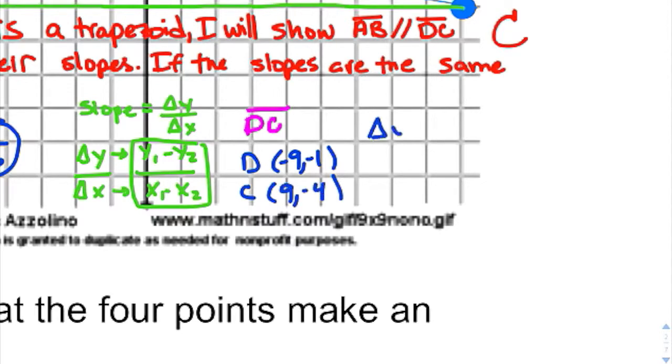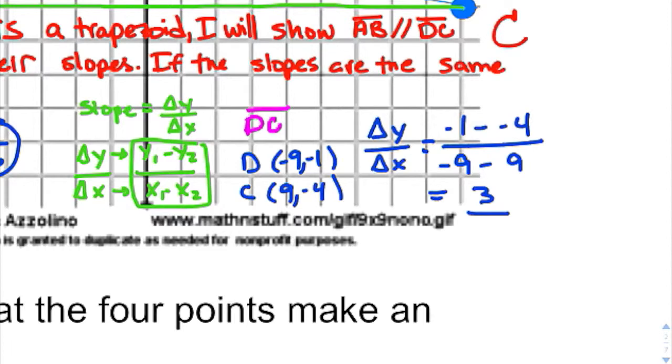Let's calculate the slope, change in y over change in x. D going to C, that's negative 1, subtracting off a negative 4. Be careful, you need both negatives there. And the same jump for the x's is negative 9, subtract 9. So negative 1, plus 4, ends up being a 3. Negative 9 minus 9 is negative 18. If I simplify that, I get negative 1 over 6.